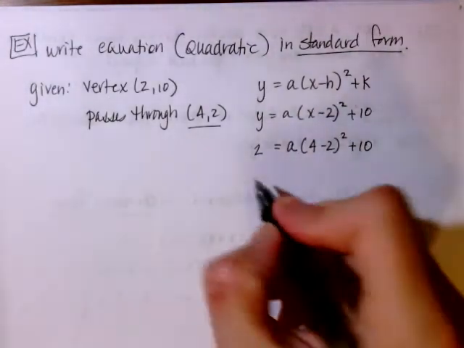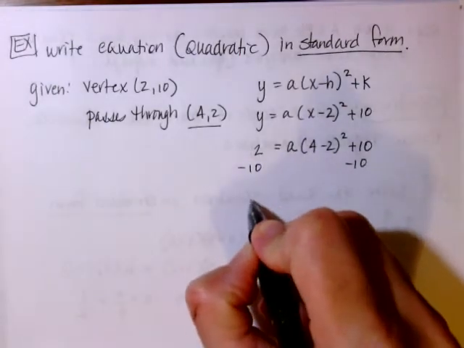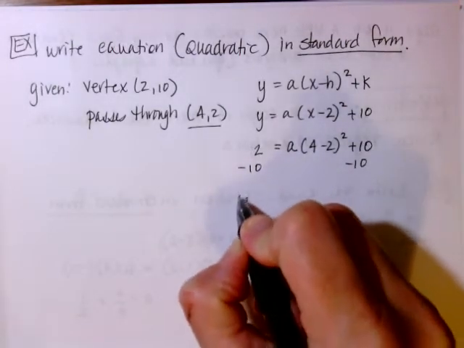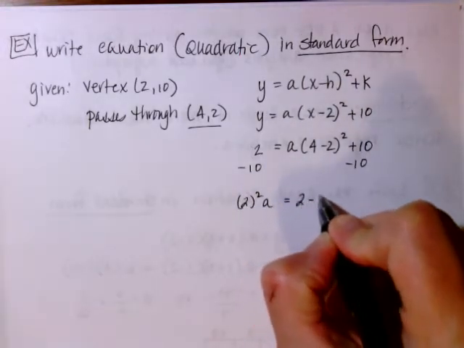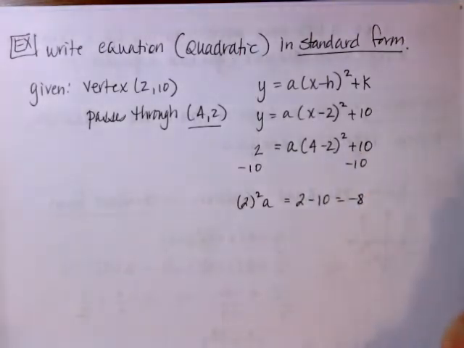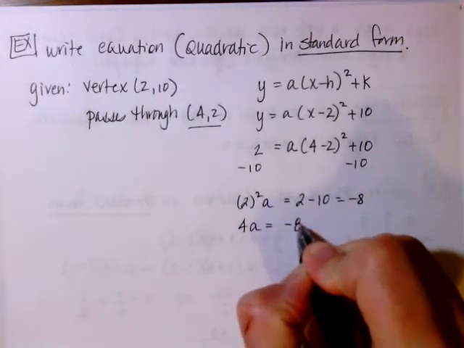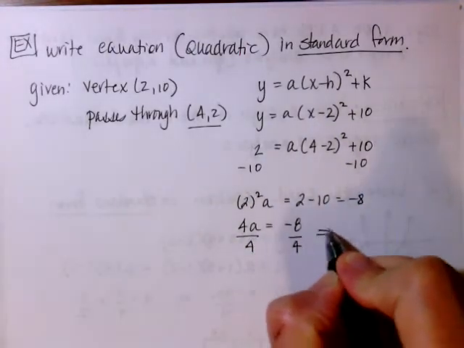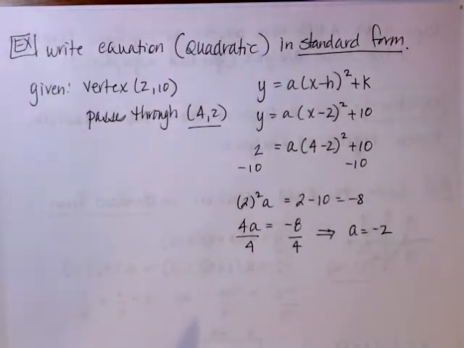I'm going to subtract 10 from both sides, so a negative 10 and a negative 10, and I get 4 minus 2 is 2 squared times a is equal to 2 minus 10, which is a negative 8. So 4a is a negative 8. Divide both sides of the equation by 4, and then you get a is equal to negative 2.